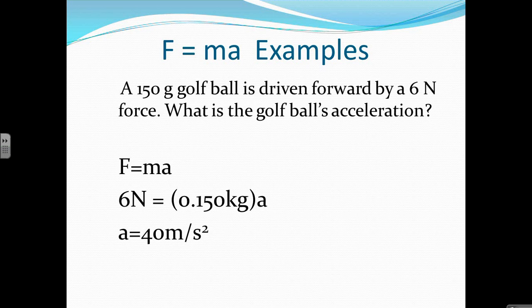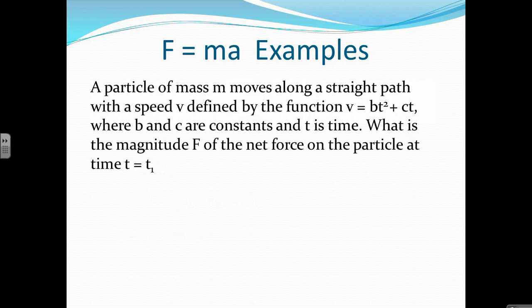If we're looking at a calculus-based type equation, we'll first do it symbolically. And these generally include equations that are given to us, kinematic equations that we're applying, trying to find the acceleration, then applying F equals ma to that.